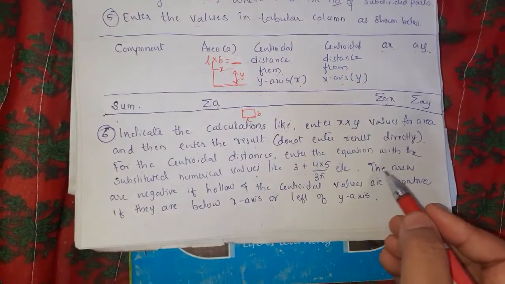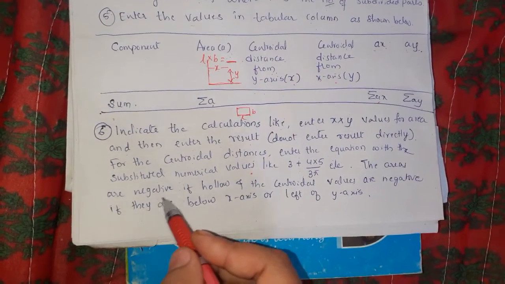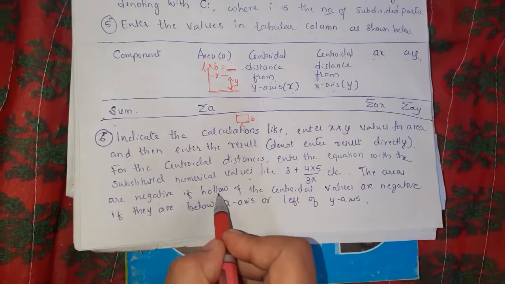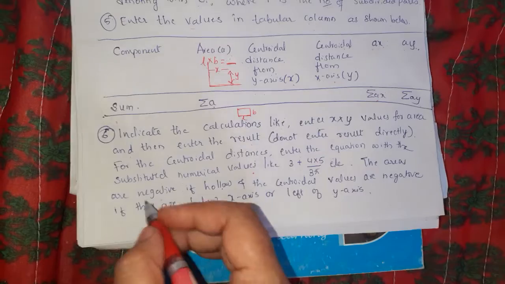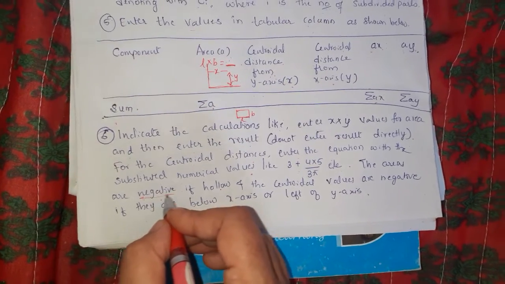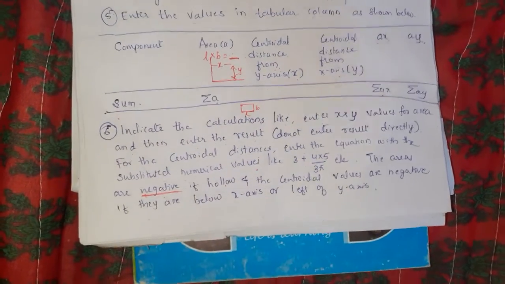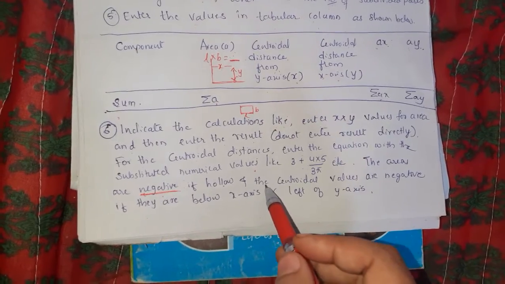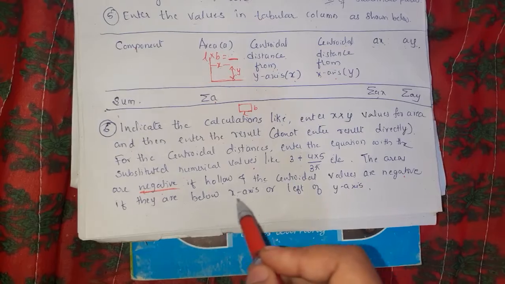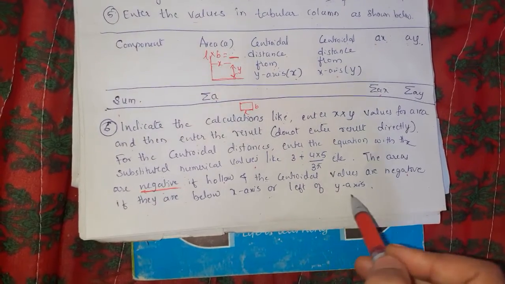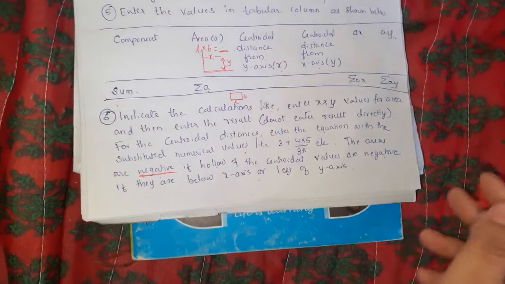Then the areas are negative if hollow sections are there in the problem. If a hollow section is present in a problem, you will have negative areas. The centroidal values are also negative if they are below the x-axis or left of the y-axis.